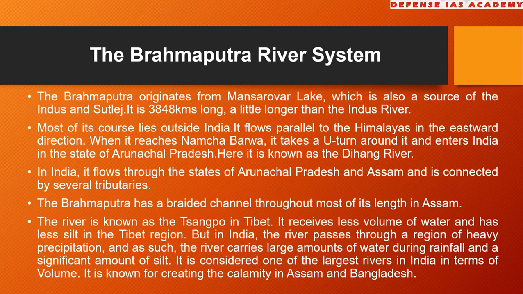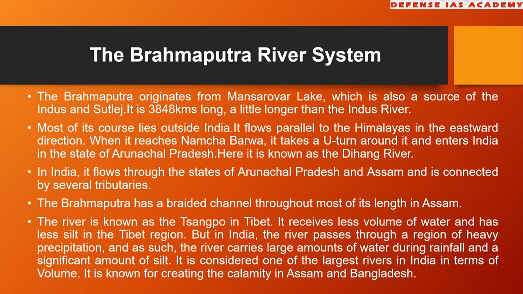It receives less volume of water and has less silt in the Tibet region. But in India, the river passes through a region of heavy precipitation, and as such, the river carries large amounts of water during rainfall and a significant amount of silt. It is considered one of the largest rivers in India in terms of volume. It is known for creating calamity in Assam and Bangladesh.